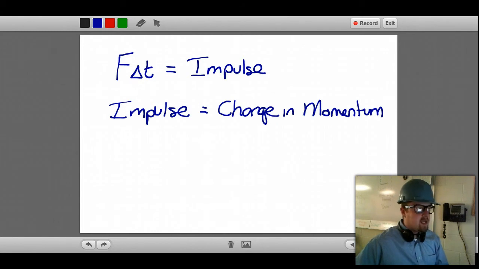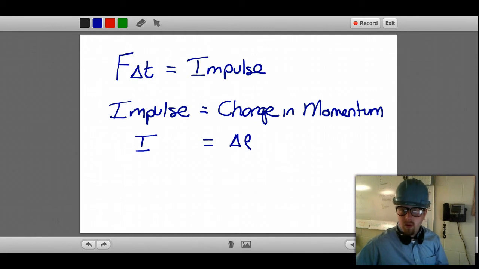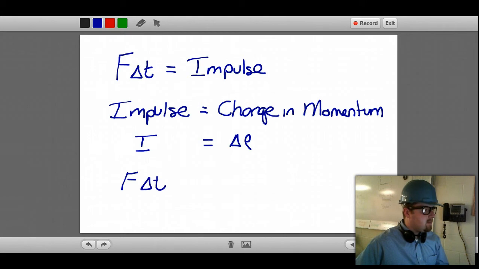The variables we could use here would be I equals delta rho, the Greek letter rho representing the variable for momentum. So F delta t is I, and it's equal to a change in momentum, which really is momentum final minus momentum initial.